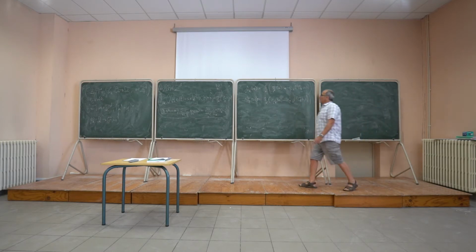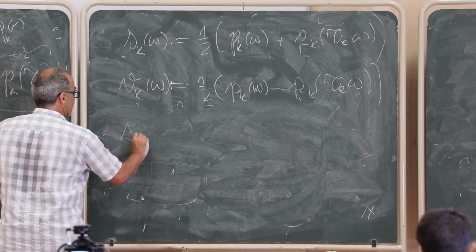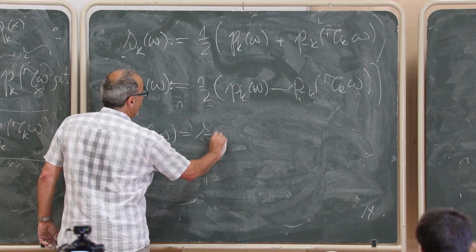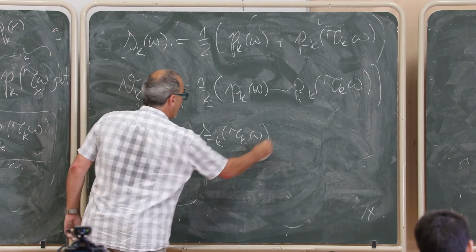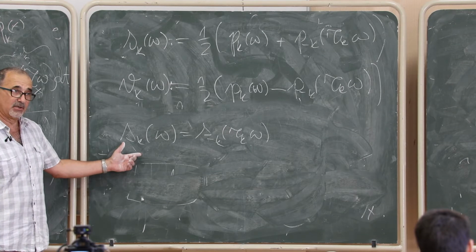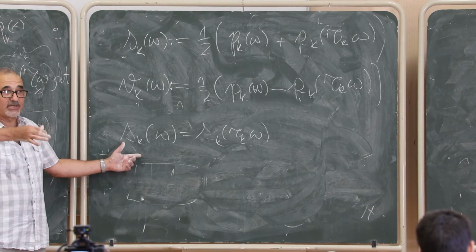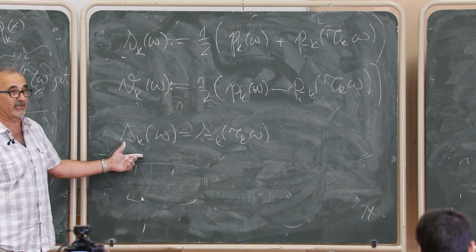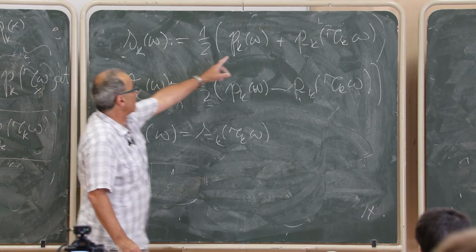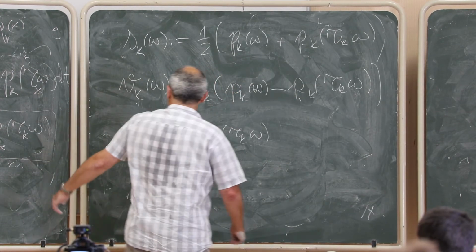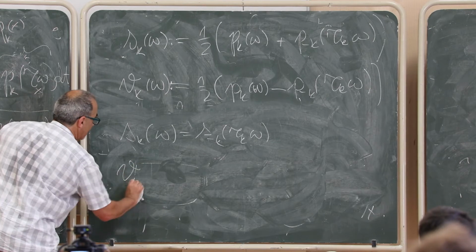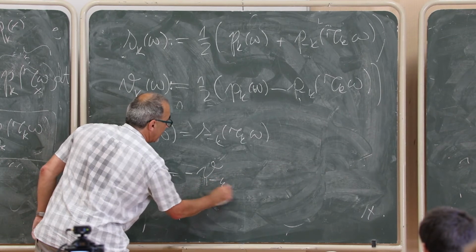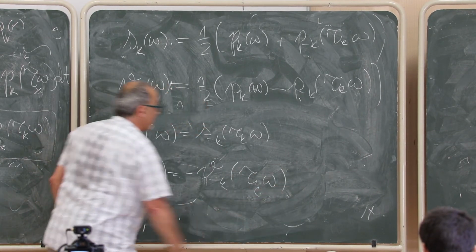Right, and of course, by definition, you clearly see that S sub k omega is equal to S sub minus k tau k omega. So it's defined on edges, and it's even on edges. So on the oriented and inverse oriented edges it takes the same positive value. This is positive because it's a sum of two positive things, right? And v sub k omega equals minus v sub minus k tau k omega.